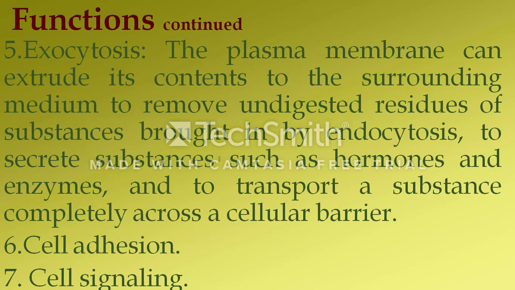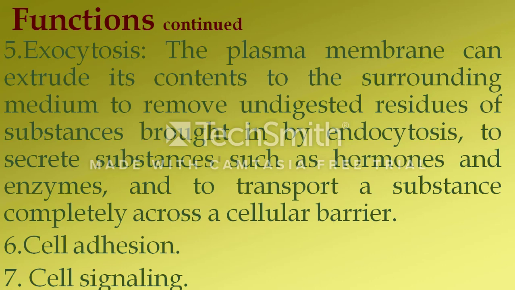Next, another one is cell adhesion. Plasma membrane has the capacity of coalescing with another plasma membrane. During cell division, the invagination of the plasma membrane takes place, and there will be formation of the two daughter cells.